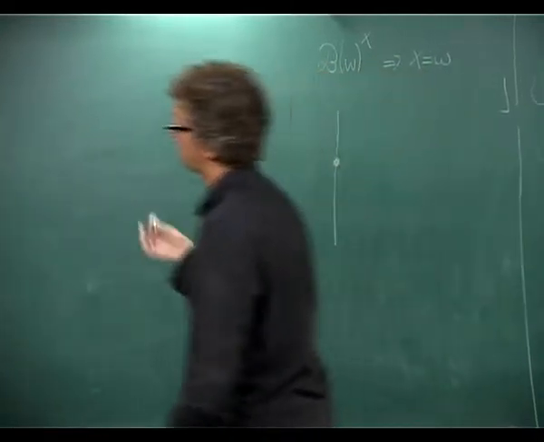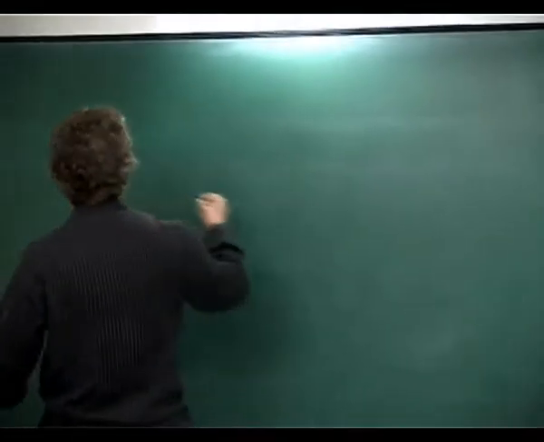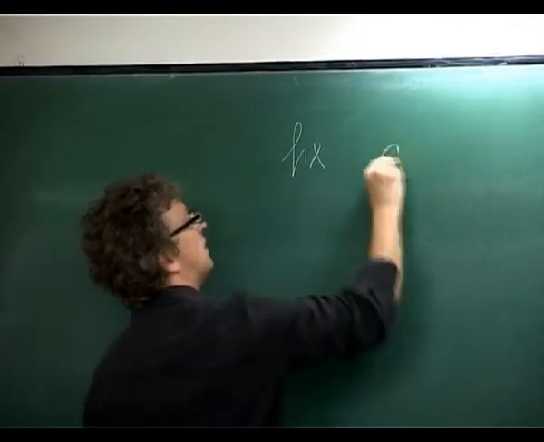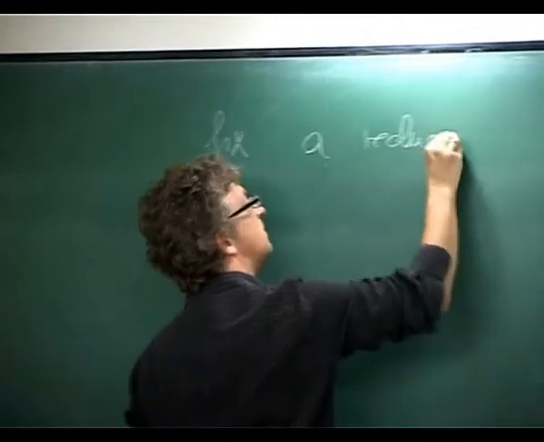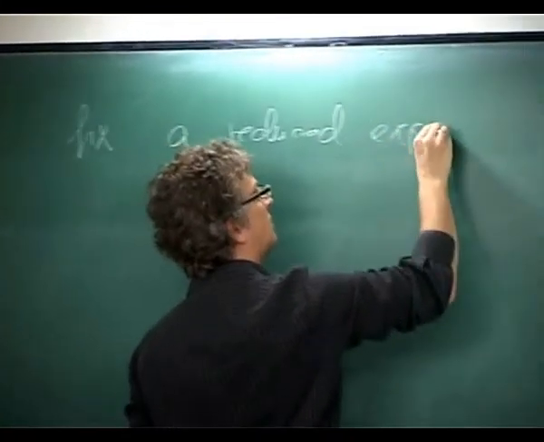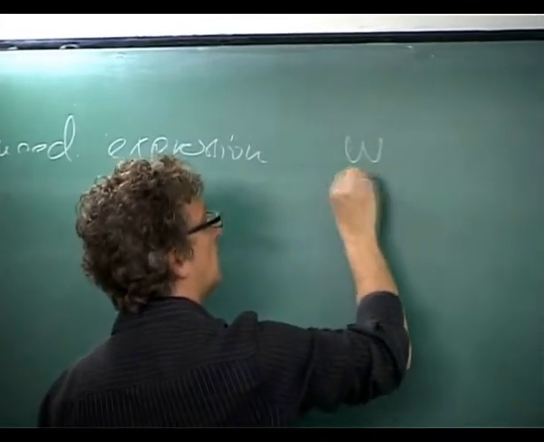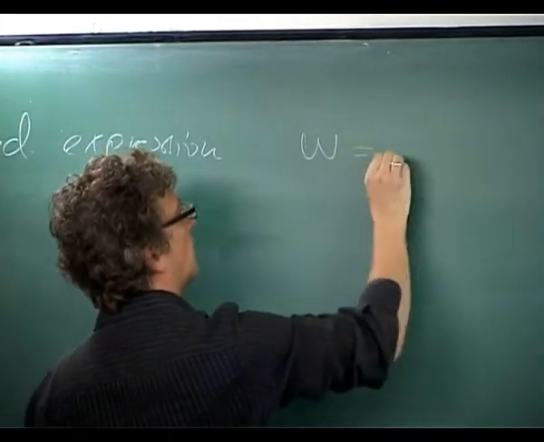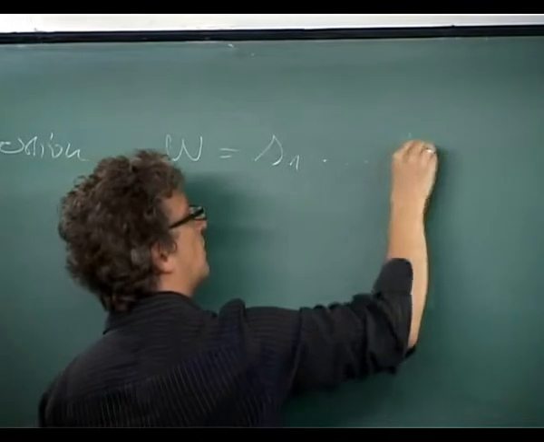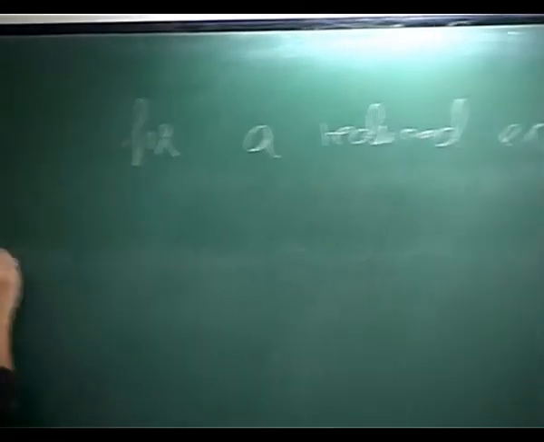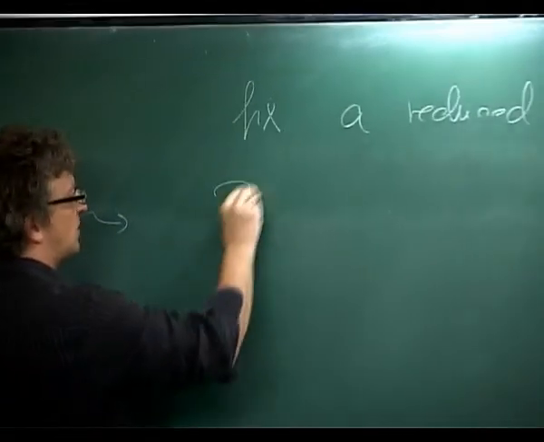So fix a reduced expression. Then this defines a Bott-Samuelson module.